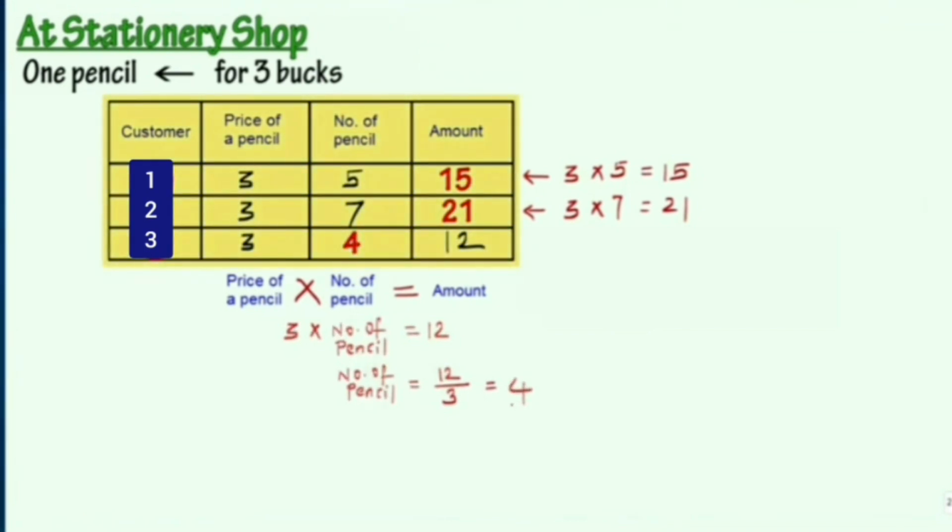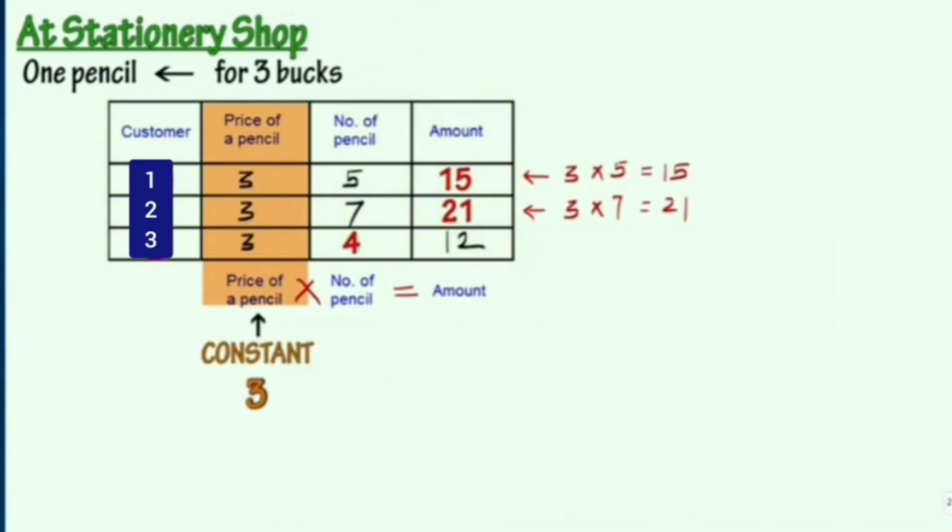Now observe the table carefully and understand that here the cost of a pencil is a constant value while the number of pencils purchased by each customer varies and as a result their total amount is also different.